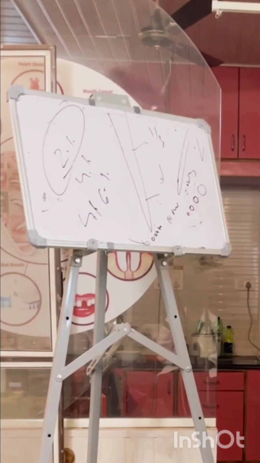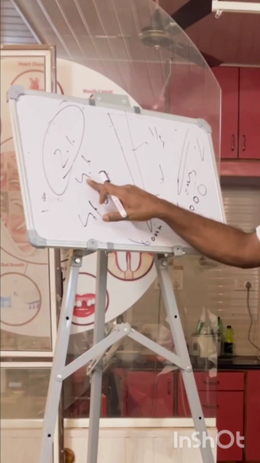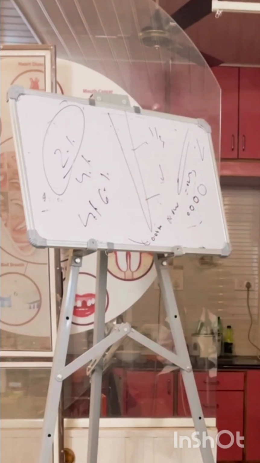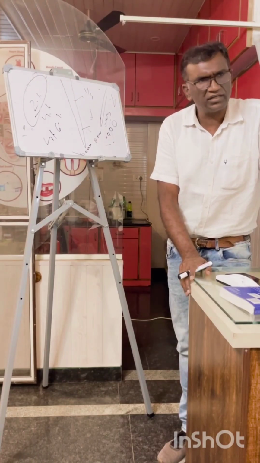If you are dealing with narrow canals, 4% is standard. What are the narrow canals in endodontic anatomy? Tell me examples. Very good. Mandibular incisors, we get narrow canals.